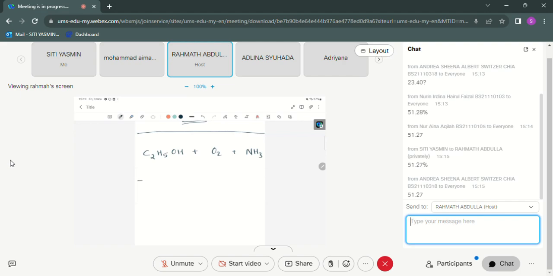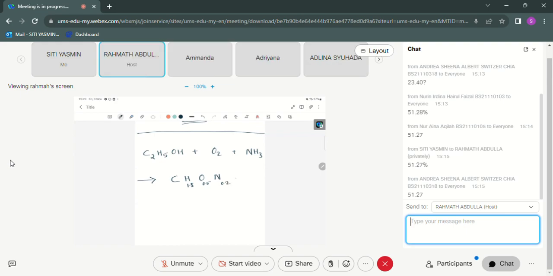Then the end products are biomass, but the biomass formula is already given. You can see it as C H, O, N. Now in the question, H is 1.8, oxygen is 0.5, and here we have 0.2. Now, whenever there is a reaction, even if they say only the biomass is produced, there will still be carbon dioxide and water as end products.